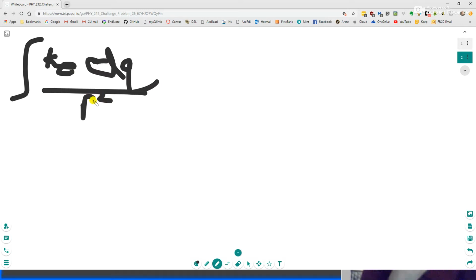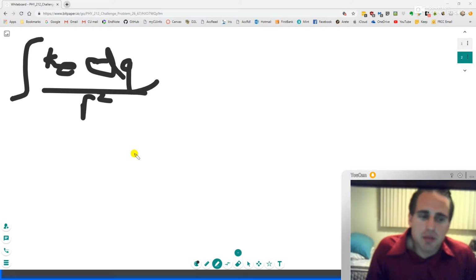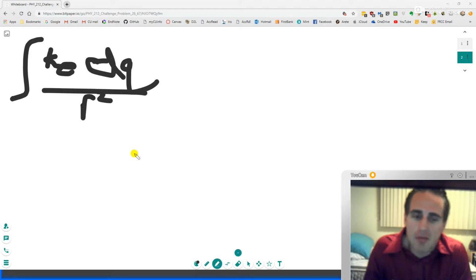But notice that in our case, we would have to get the expression for an infinite line of charge and then add up all those infinite lines of charge together along the x-axis.